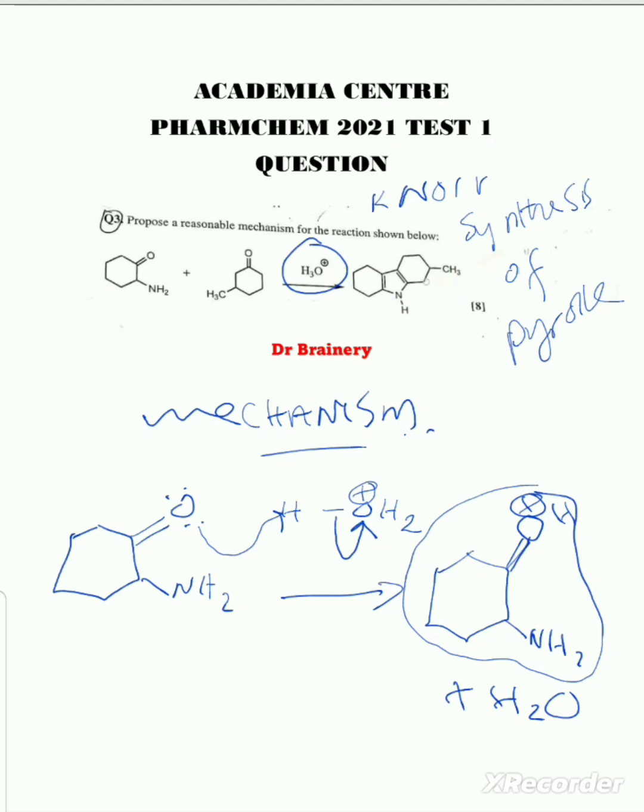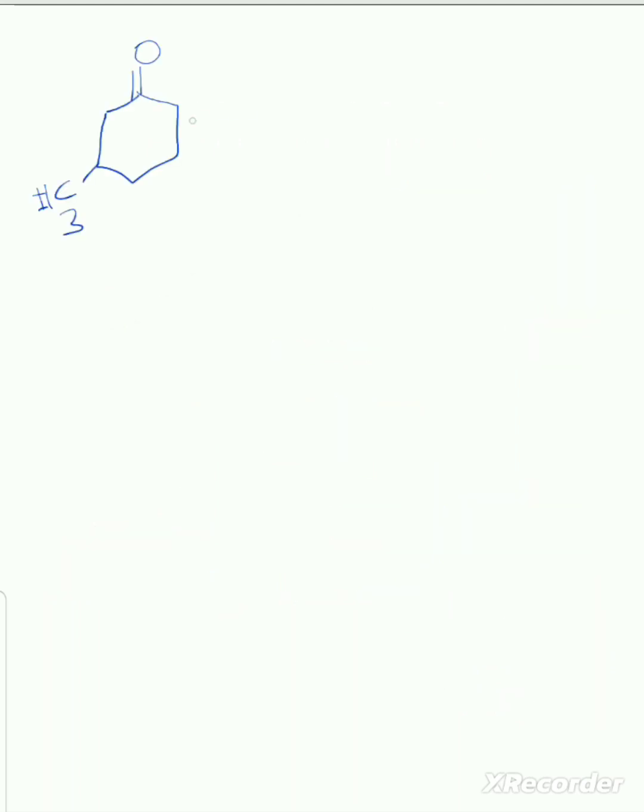Look at this. We need to see the one that is going to be made as an enolate ion. Here the one that will be made as an enolate ion is this. So we're going just to expose one hydrogen and get this water that we formed here, then get one hydrogen.